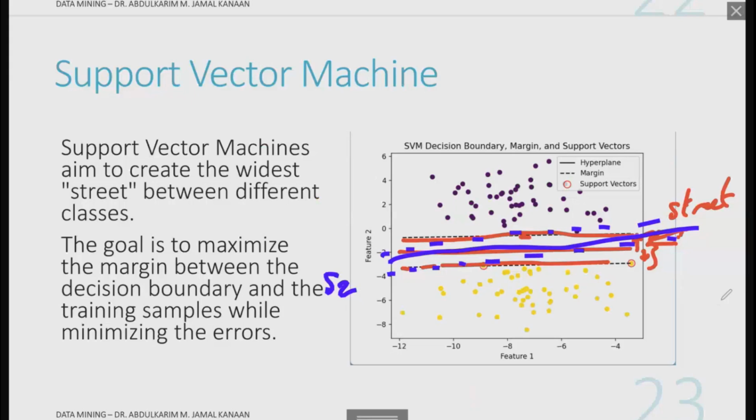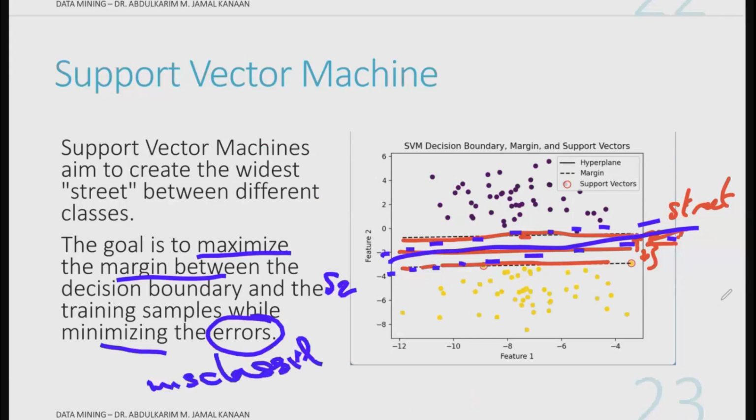So the goal is to maximize the margin between the decision boundary and the training samples while minimizing the error. The error here means the misclassification. Correct? Because this is how we measure the performance.